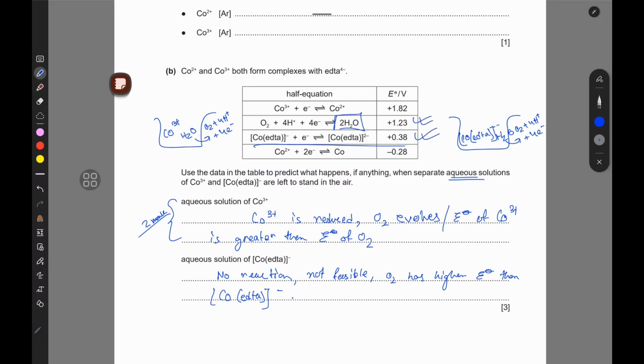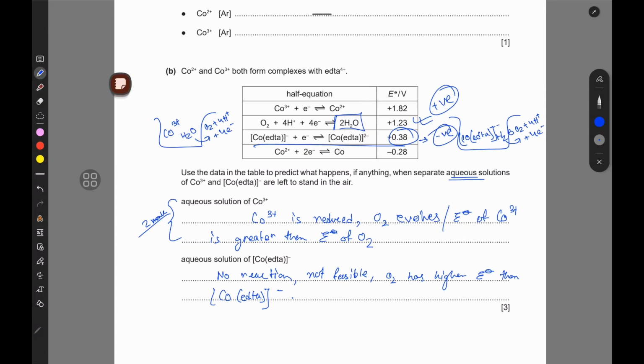Great. So in this case, which is the more positive? If you have eyes, you can tell this. So for this one, 0.38, it is going to have a lower potential, so we can say it's the negative side of the electrochemical cell.